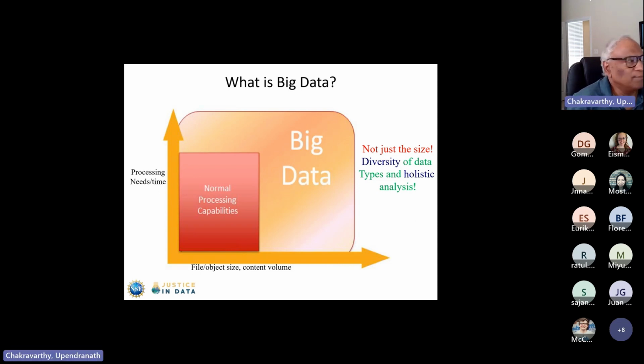A good example I give for this is healthcare. If you want to do any kind of analysis in healthcare, you need to be able to bring together different types of data. It may be pathology data, it may be X-ray, it may be MRI, it may be surgery related information.